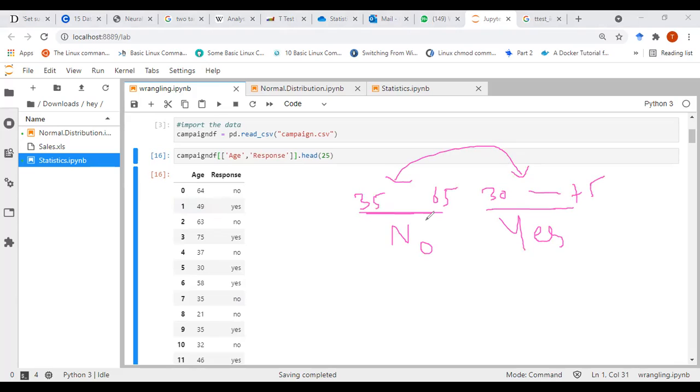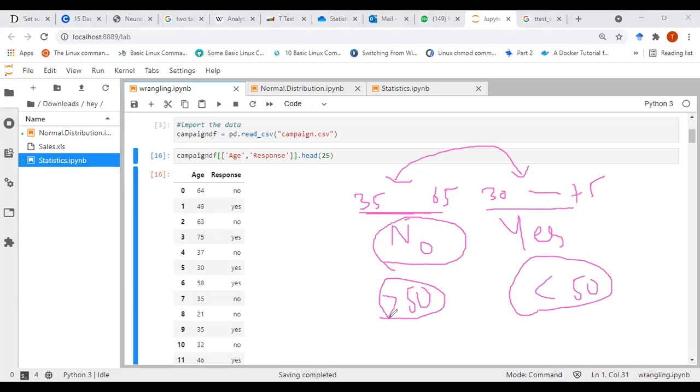You cannot find such a pattern that the people who responded no are all greater than 50 years old, and the people who responded yes are all less than 50 years old. There's no way we can have such a pattern. Even a teenager can say yes or no, even an old person can say yes or no, even an adult can say yes or no. So the statistical test is not able to make a significant claim about this.